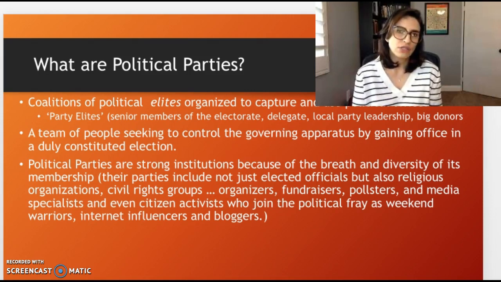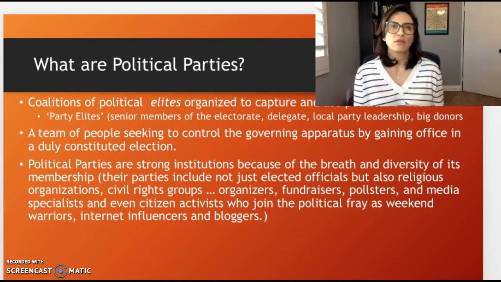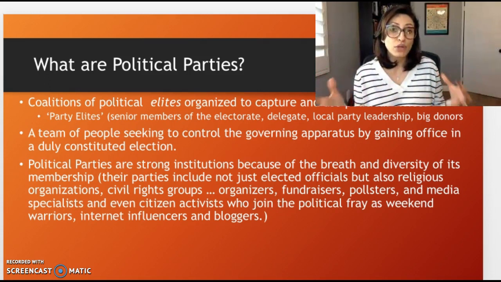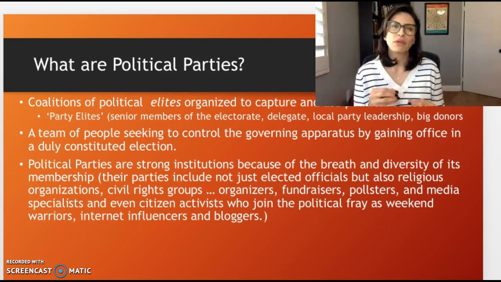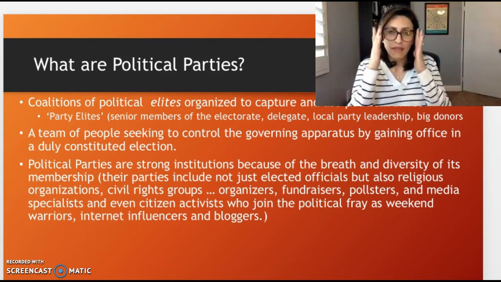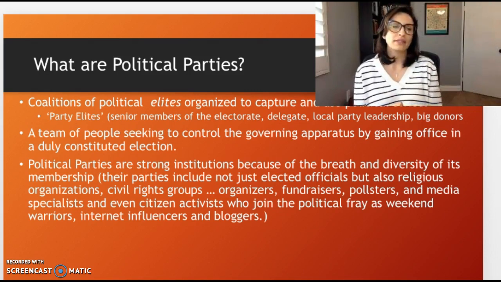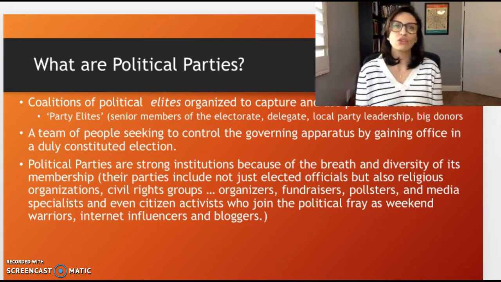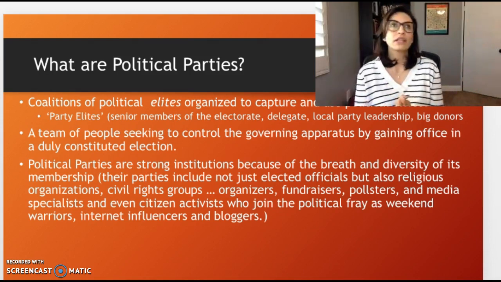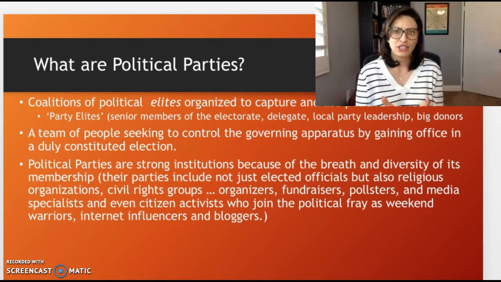Political parties are strong institutions because they're not just those party bosses anymore. They're a diversity of various memberships of various groups. Think about civil rights groups, think about religious organizations, think about political action committees that are set up for the sole purpose of providing funding to elected officials so that they will get policies that are friendly to electric companies, that are friendly to steel mills, that are friendly to real estate agents, that are friendly to name your public interest group.